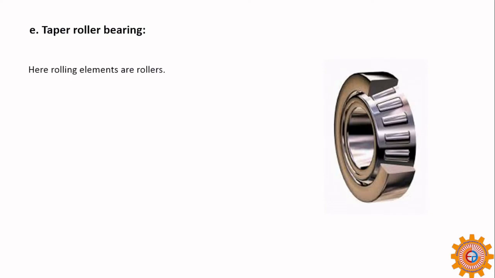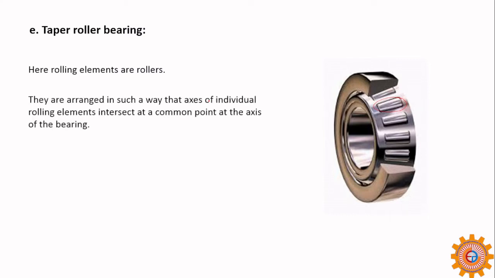Third one is the taper roller bearing. So this is a taper. The rolling elements are cylindrical, not tapered, but the races are tapered. So the rolling elements are rollers only, like cylindrical.